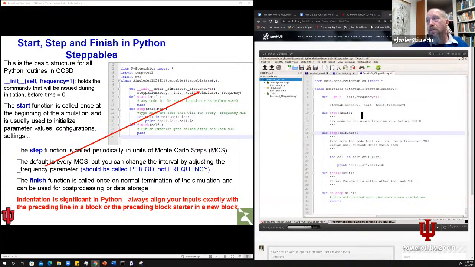Step is called once every frequency Monte Carlo steps. And typically in the simulations we're going to do here, we're going to interrupt the simulation, not let it run to completion. But if I said that the simulation runs for 1,000 Monte Carlo steps and actually gets to 1,000 before it stops, it would run the finish function. And the finish function could be used to output data when you're done with the simulation.